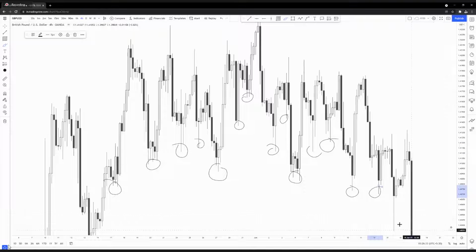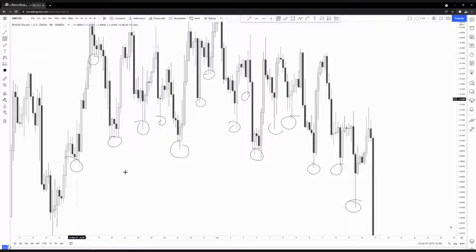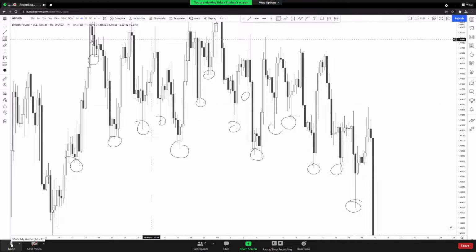All of these are swing lows. Even this one. Why? Higher low to the left, higher low to the right, swing low. So this is where liquidity is getting built up. Can you understand that?